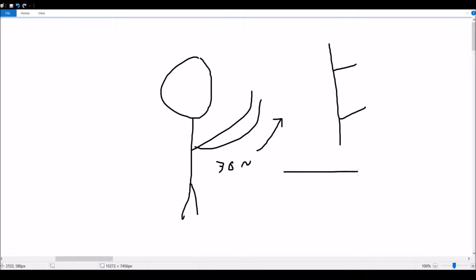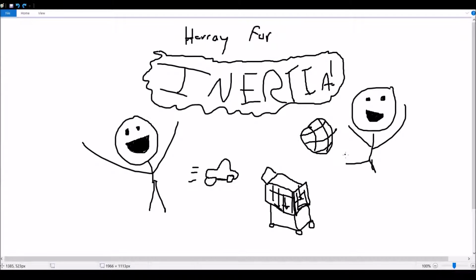It will flip up into the air and go the same direction the force was applied. The law of inertia is important, and it affects us in everyday life because we drive cars around, push carts around the grocery store, and play sports that we could not do without the law of inertia.